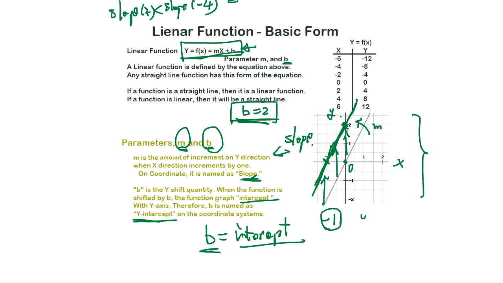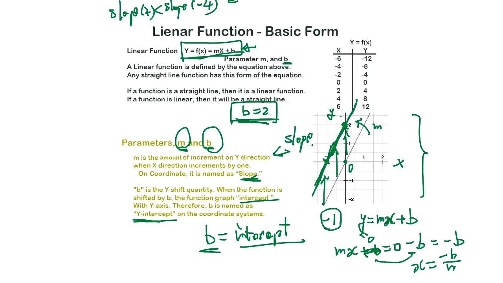If we have mx plus b, what is x-intercept? X-intercept is when y is 0. So mx plus b is 0. And move the b on this side. Did you get used to this operation? Negative b. So x-intercept is minus b over m.